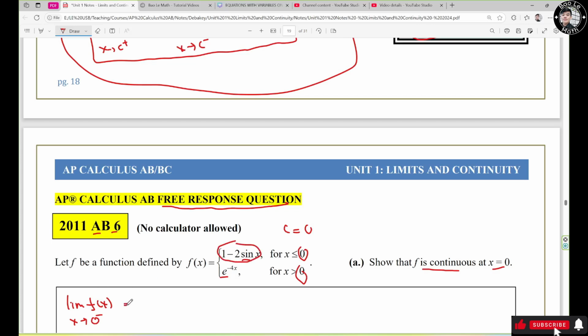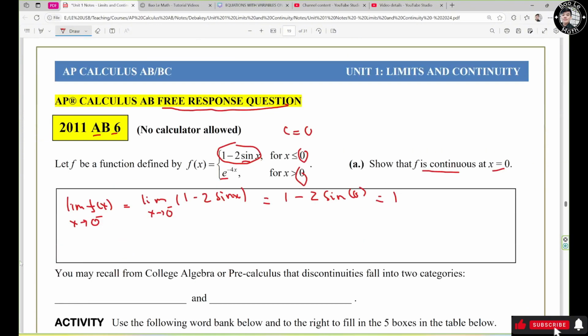So it's the limit of 1 minus 2 sin s when s approaches 0 minus. Now I substitute 0 for s, so I have 1 minus 2 times sin 0. Now sin 0 equals 0, so it is equal to 1.